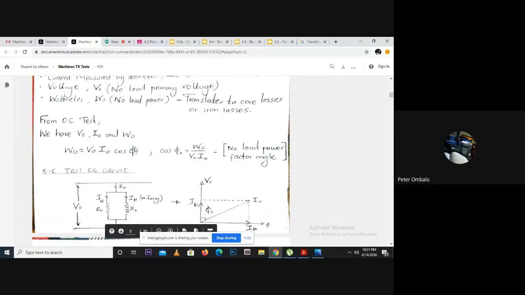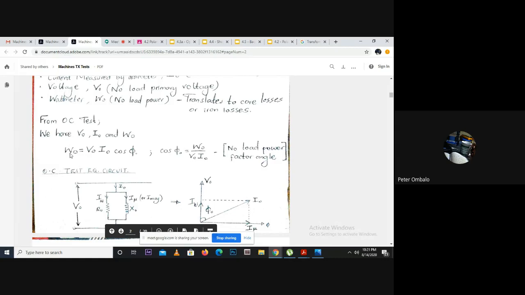So then, this formula is something Nyokabi had already gone through, that the power is given by VI cos phi. In our particular case, because we are working on the open circuit test or no load test, the power given by W naught is going to be V naught, I naught, cos phi naught.